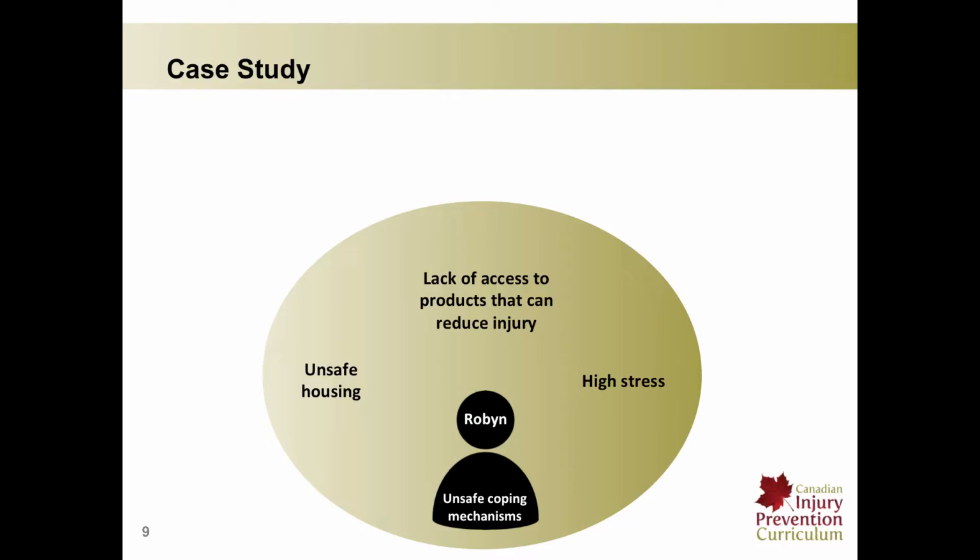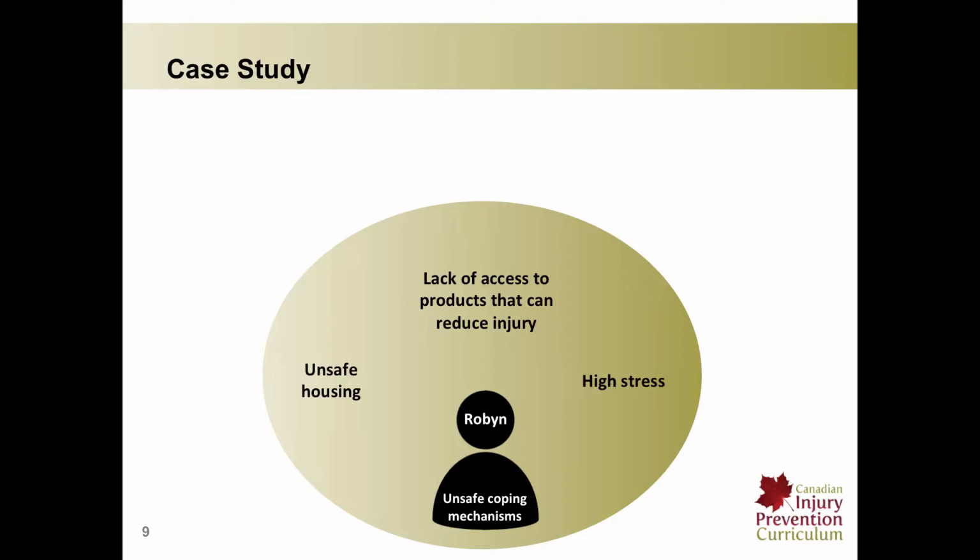This is Robin. Because of community, structural, and societal factors, Robin has a lack of access to resources and increased exposure to hazards. Robin's house was built with unsafe materials and is located in a low-resource neighborhood. Her family was unable to purchase products that can prevent injuries from occurring, such as baby gates, helmets, life jackets, and winter tires.